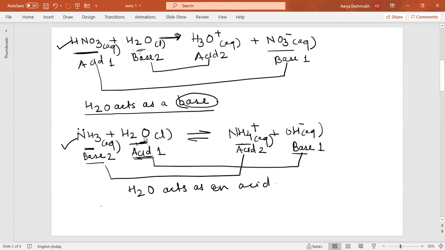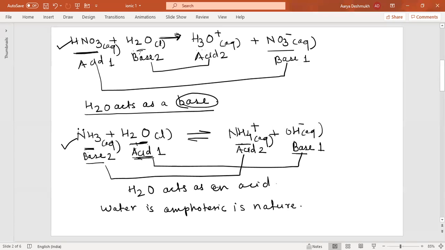So these two reactions clearly show that water is amphoteric in nature. Means in some reactions the water molecule acts like an acid, and in some reactions it might act like a base also. You can see this in electrochemistry also. If you go through the electrochemical series, you will find the same thing.